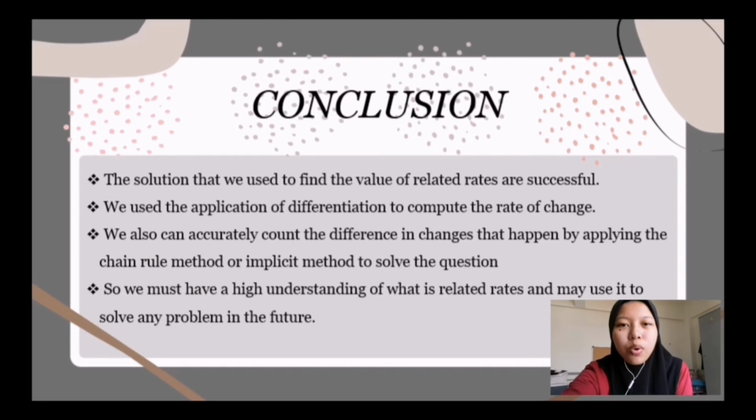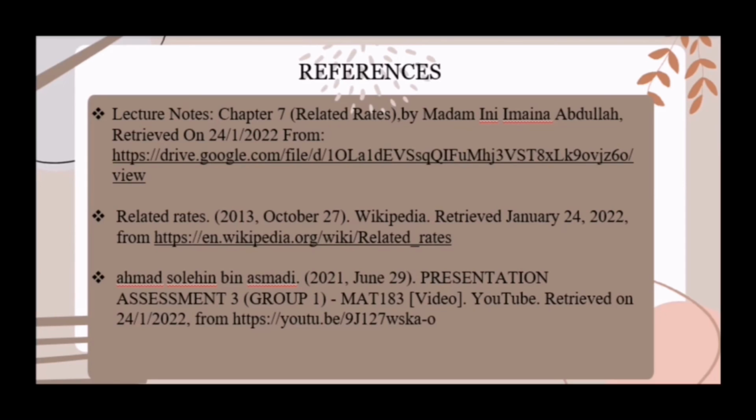Third, we can also accurately calculate the difference in changes that happen by applying the chain rule method or implicit method to solve the equation. And last but not least, we must have a high understanding of what related rates is and may use it to solve any problem in the future.